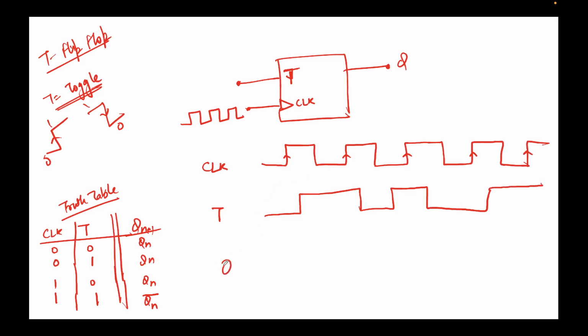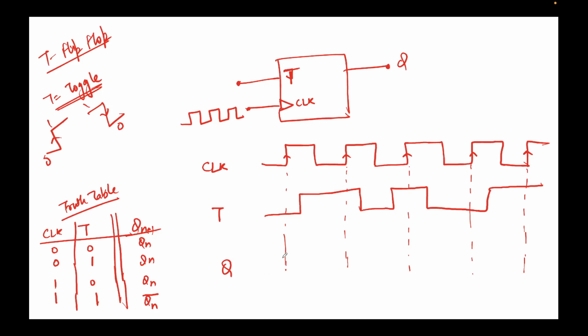So this is the output Q, right? And we are interested only at these edges, because that's where the action will happen. The clock will allow the output to change only at the dotted lines, only at these time intervals.